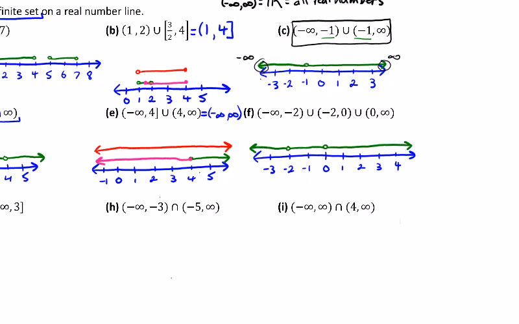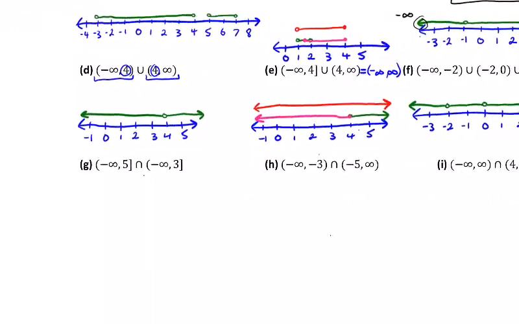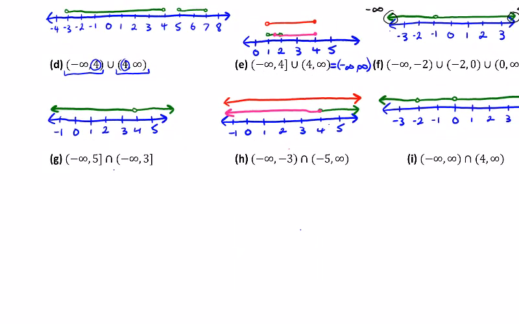So now we have something that's very similar to part C and part D, except we have 2 holes in the graph instead of just 1. So this means we have all real numbers except for -2 and 0. All right, 3 more examples left. Those were the examples that were all union related.